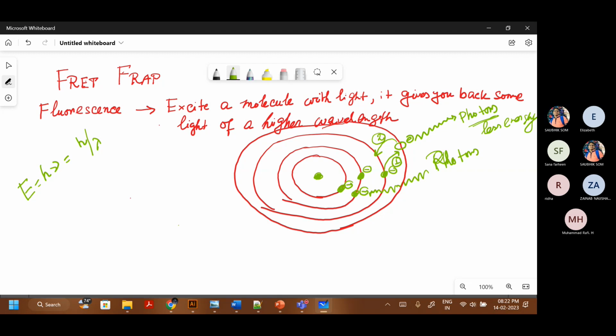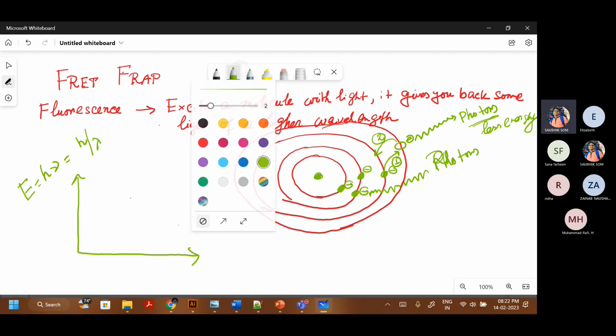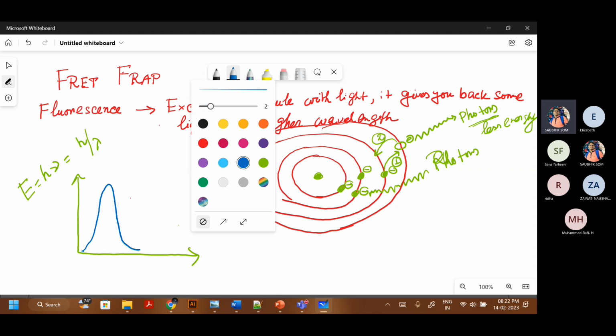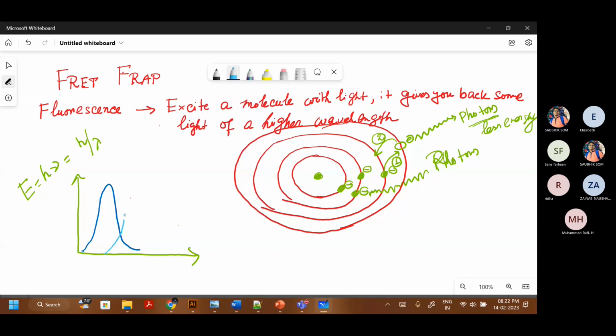So if I just draw a graph like this, you may have already also seen in different fields. If I excite here like this, my emission will be like this. So see, there is the highest wave.